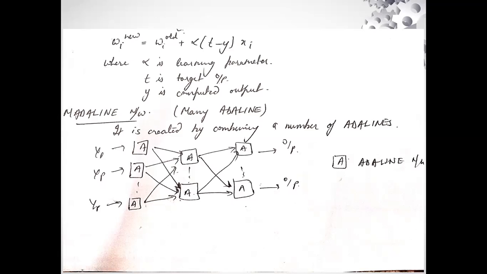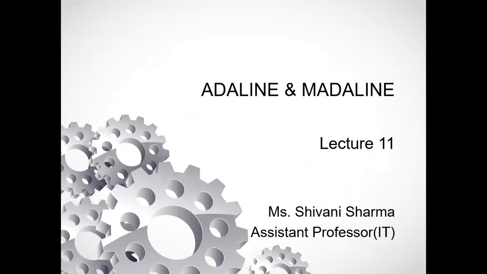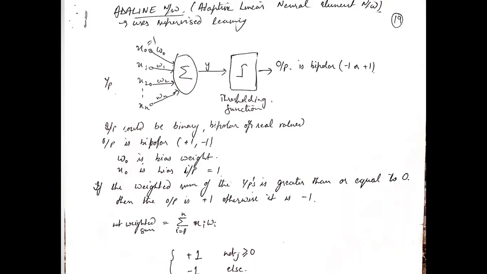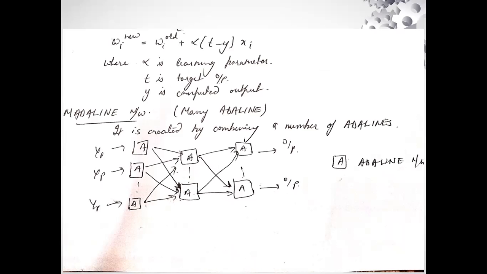But somehow this particular Adeline network didn't help in solving the non-linearly separable problem. So one more architecture was defined, which was called Madeline. Now Madeline is nothing new, but it is many Adelines, many adaptive linear neural element networks, that is, a number of Adelines.